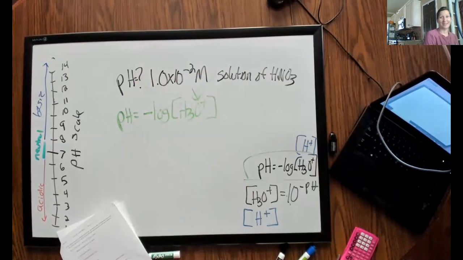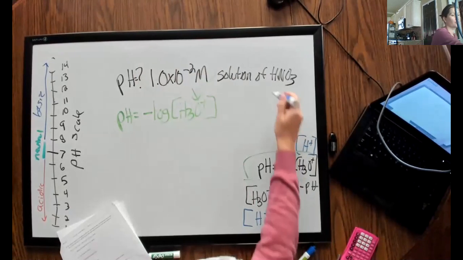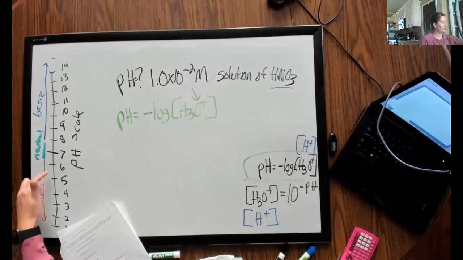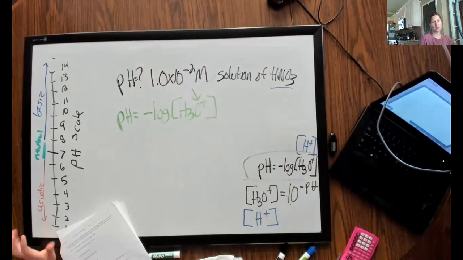Now, I can actually predict if it's going to be acidic or basic based off of the compound they gave me. They gave me HNO3. It has H plus ions in it, so I'm going to assume, rightly so, that it is an acid and that its pH should be below 7. Okay, so that's kind of just a double check for when you're doing some of these problems to make sure you're doing the calculation correctly.